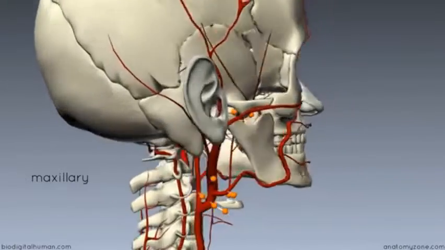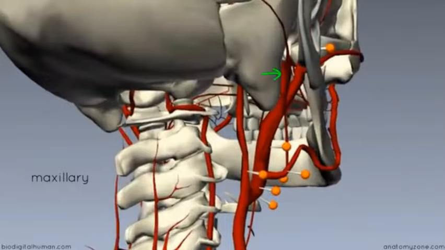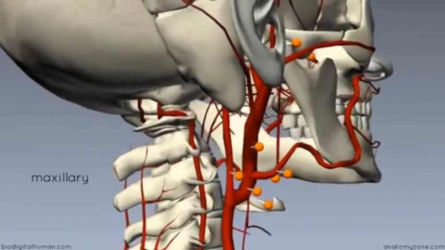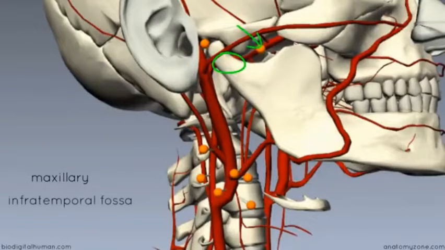If I rotate the model around posteriorly, we can see the maxillary artery running behind the neck of the mandible here. And if I rotate it round again to the lateral view, you can see it passing medially to the neck of the mandible, and then it passes into the infratemporal fossa, and ultimately into the pterygopalatine fossa.